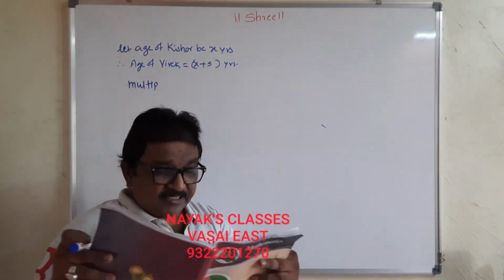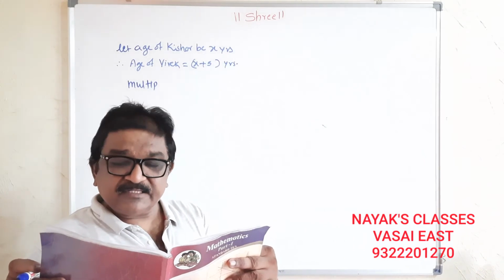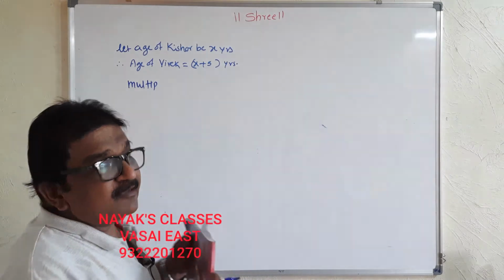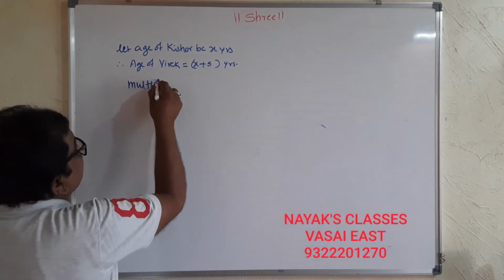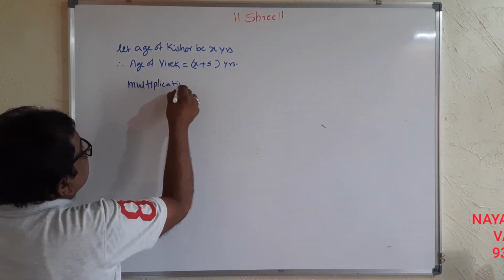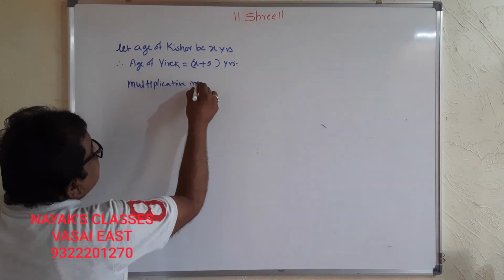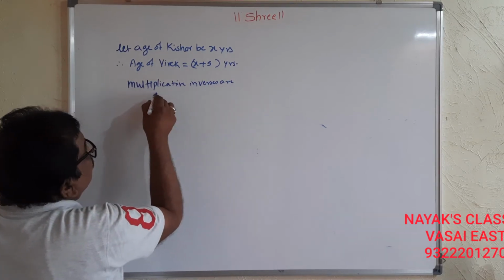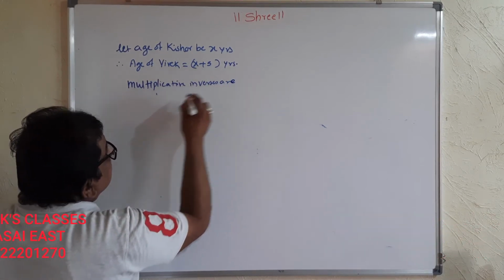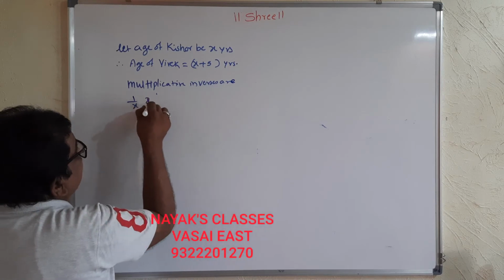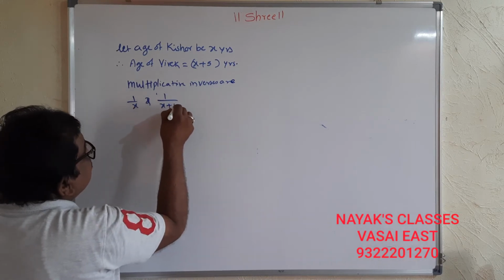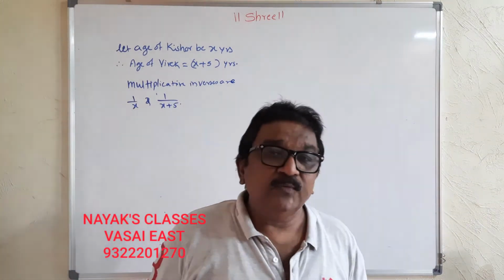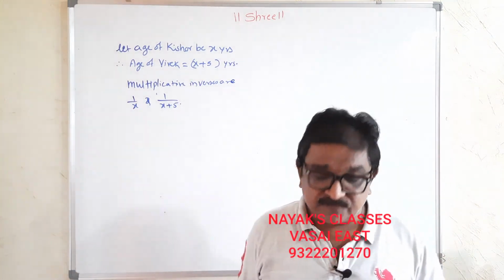You can use that word or don't use that word. It is inverse, whatever it may be. Inverse is inverse. Multiplicative inverses are 1 upon x and 1 upon x plus 5.